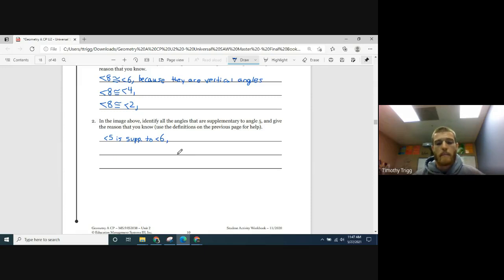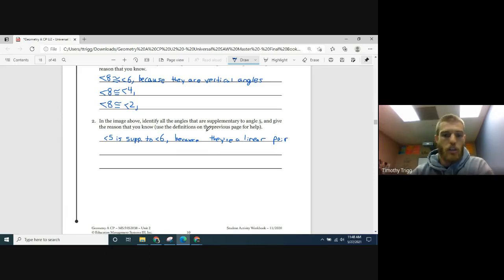And how do we know that? Because they are a linear pair. Angle 5 is supplementary to angle 6 because they are a linear pair.